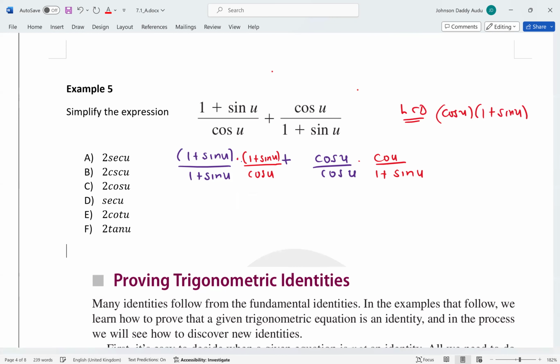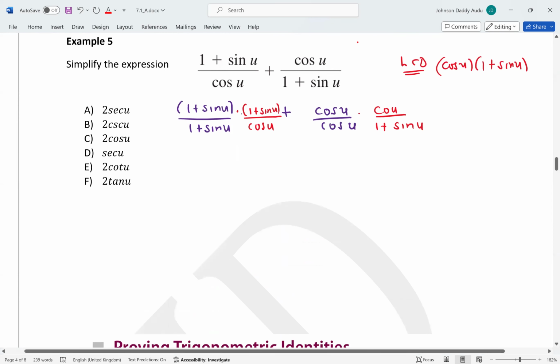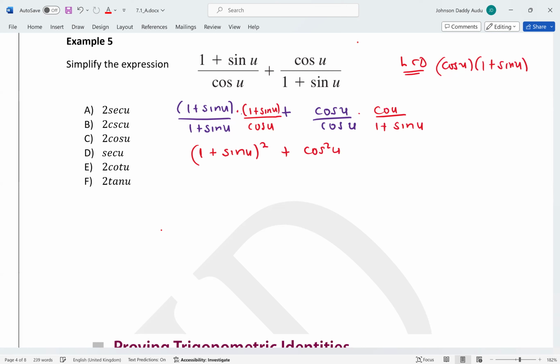All right. So we can expand the numerator. This is 1 times 1. This is 1 plus, this will just be 0. Another thing you can do, you can just write it as 1 plus sine u squared, right? Plus cosine squared u over the LCD, which is 1 plus sine u times cosine of u.